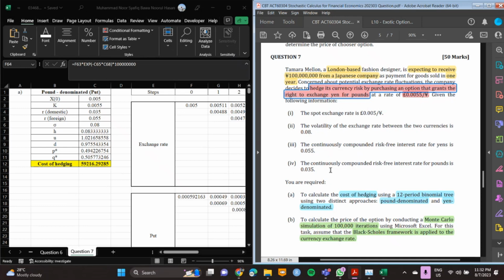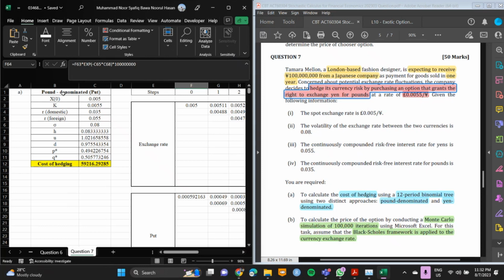The first question is to calculate the cost of hedging using a 12-period binomial tree, using 2 approaches, which are pound and yen denominated. First of all, we must understand pound and yen denominated. Pound denominated means the domestic currency is the pound and the foreign is yen. I must assume myself as British, where I have 100 million yen after 1 year.